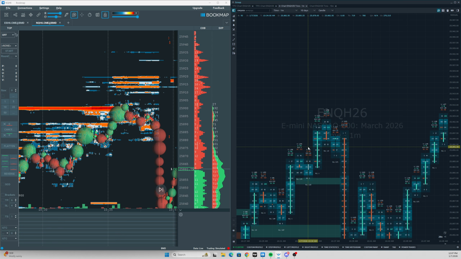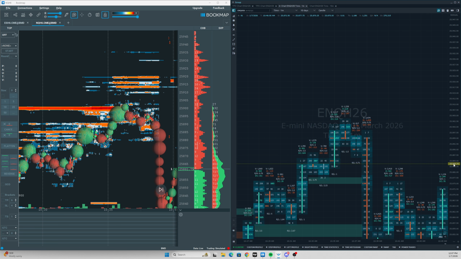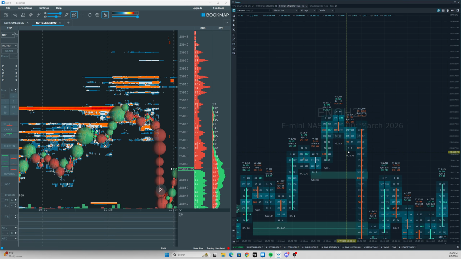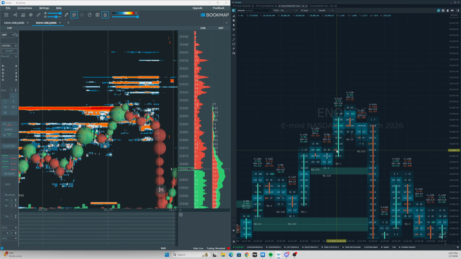So I was like, okay, we're showing some sort of absorption up here, right? And now, if you look at the order flow on the footprint chart, you see that the red candle has positive delta, this green. Delta is just the difference between buyers and sellers in a candle, right? So if there's a green candle, you should see positive delta. If there's a red candle, you should see negative delta.